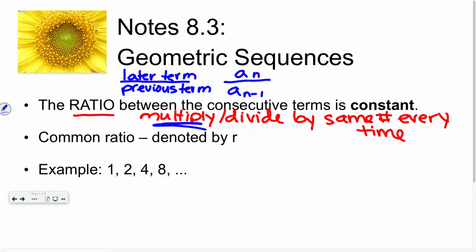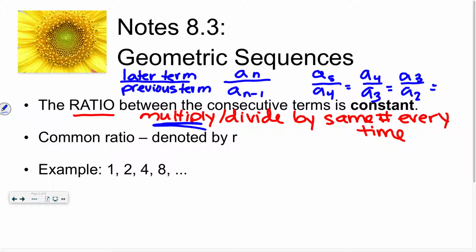So like I could do a sub 5 divided by a sub 4, or a sub 4 divided by a sub 3. It's just whatever n is, the denominator is going to be 1 less than that. Okay, a sub 3 divided by a sub 2, and so on and so on. And if it's geometric, these things are always equal.